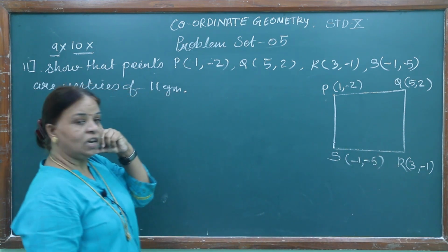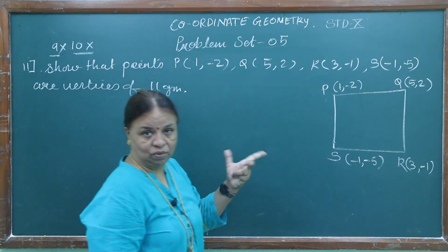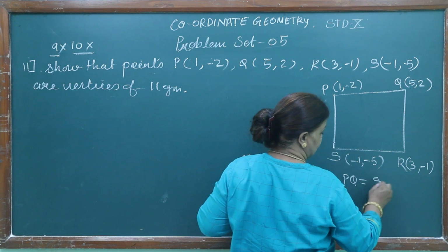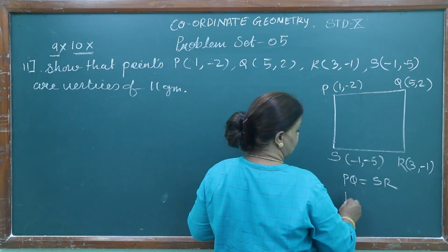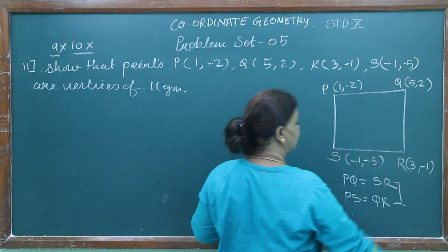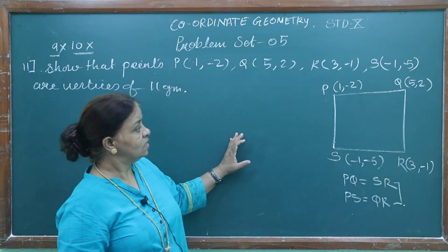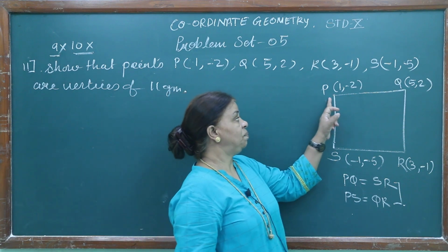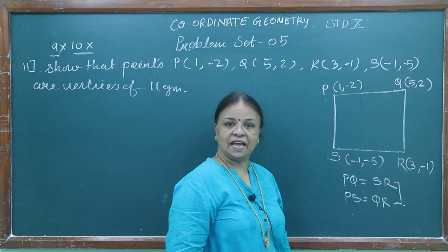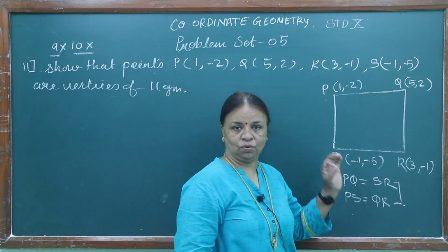Okay, so parallelogram means what? Opposite sides are equal. So we should show PQ is equal to SR and PS is equal to QR. If we are able to show this, that means we can say that P, Q, R, S are the vertices of a parallelogram.